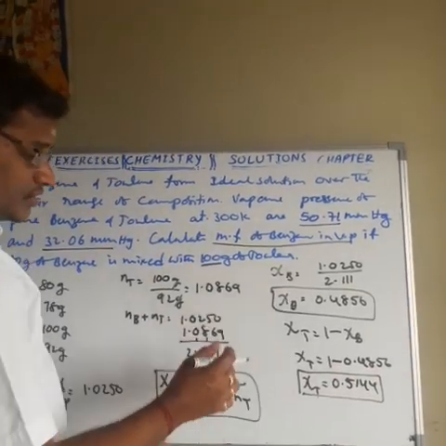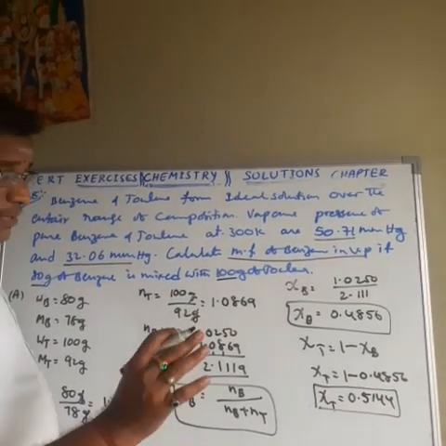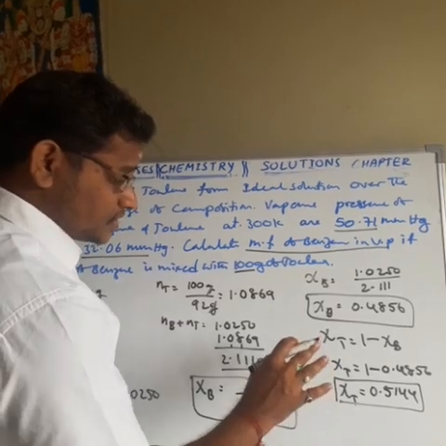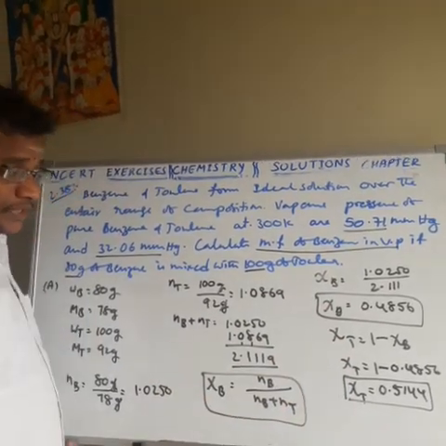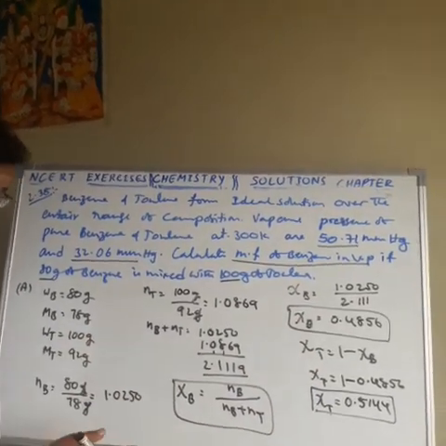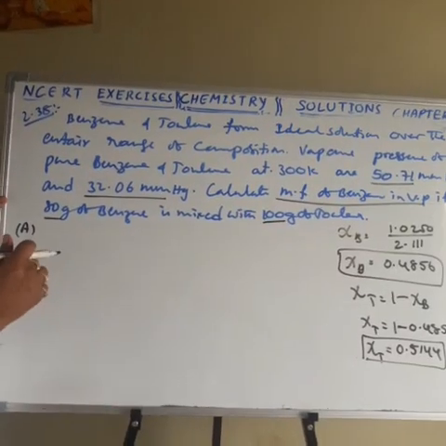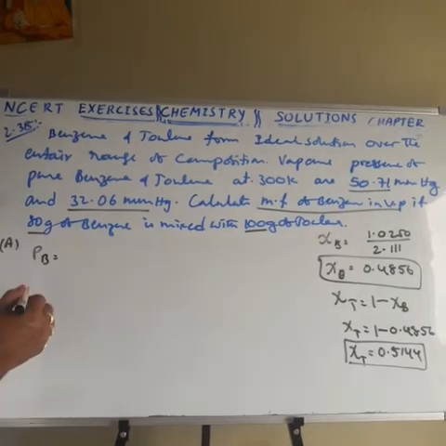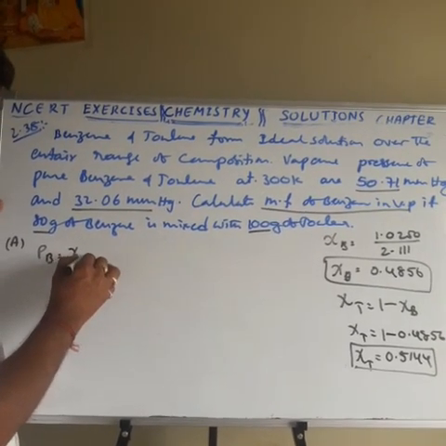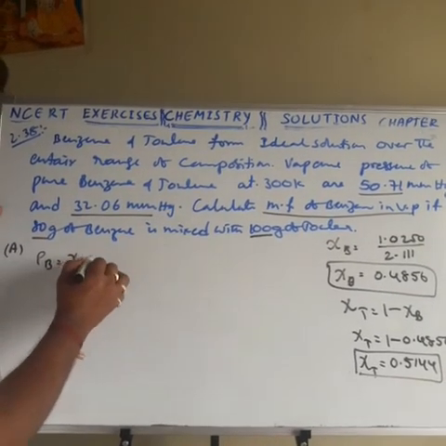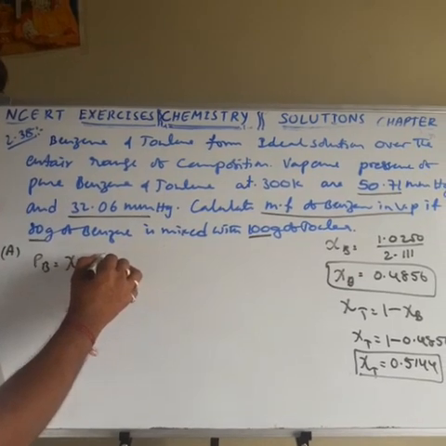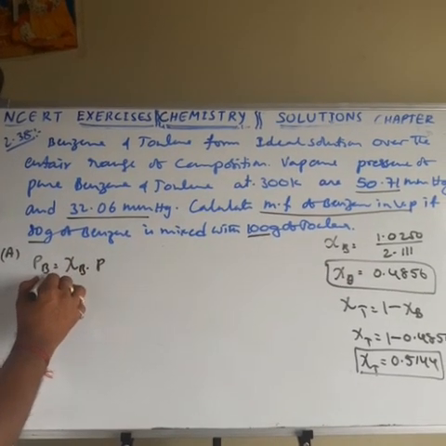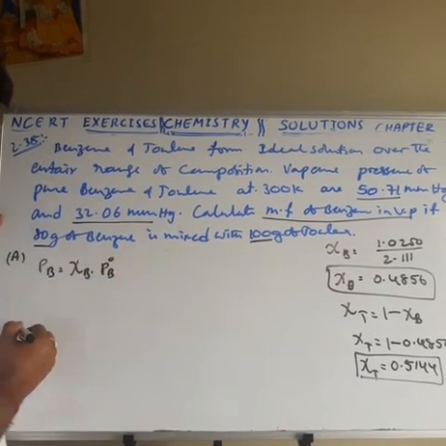Using these values we have to calculate the partial pressure of benzene and the partial pressure of toluene. That is the next step. The partial pressure of benzene is equal to mole fraction of benzene into vapor pressure of pure benzene.